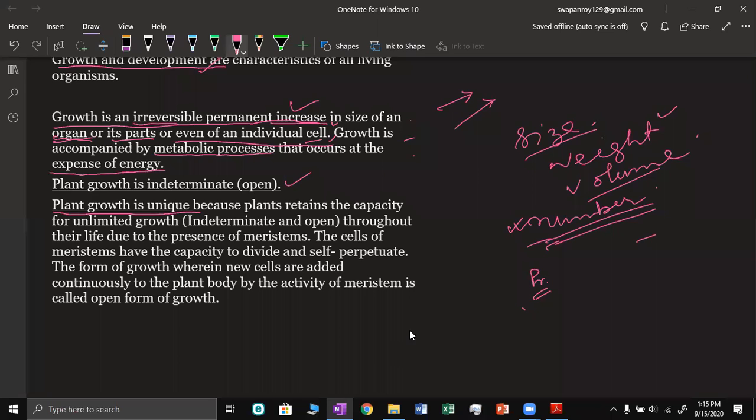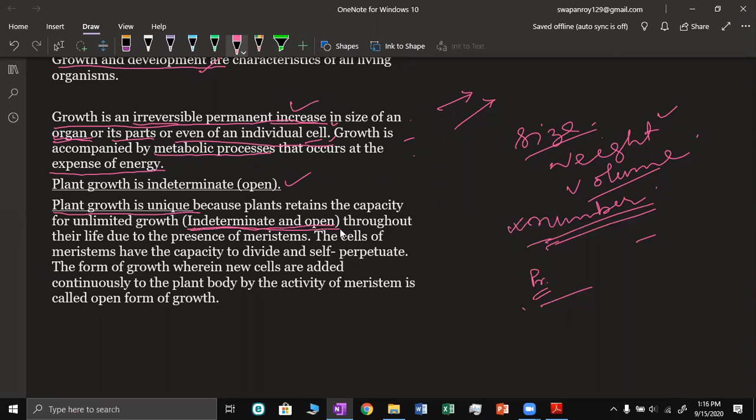It is unique. Why? We can see animals growing around us, and plants growing around us. Plant growth is continuous. It continues to grow as long as it is living. This growth is unique, and it is indeterminate and open.